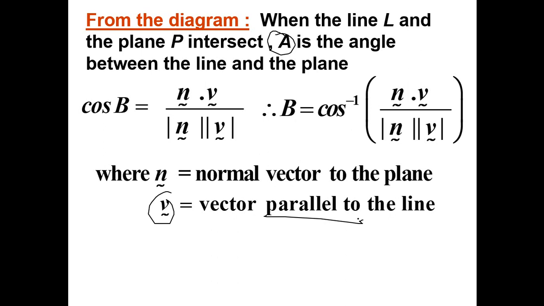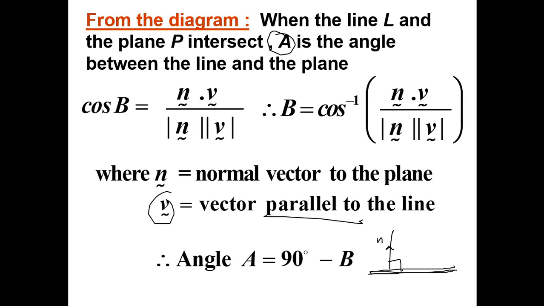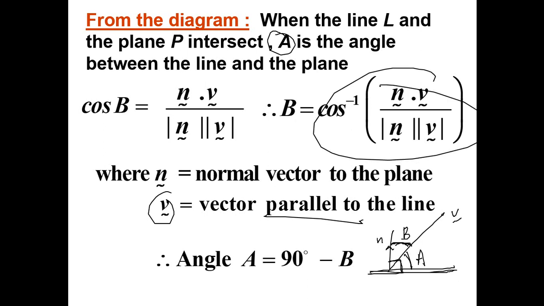Angle A is equal to 90 degrees minus B, same as the diagram before. This is N, the plane, 90 degrees, and this is L, V. This is angle B. Instead of finding angle A directly, find angle B using this formula, then to find A, take 90 minus B.